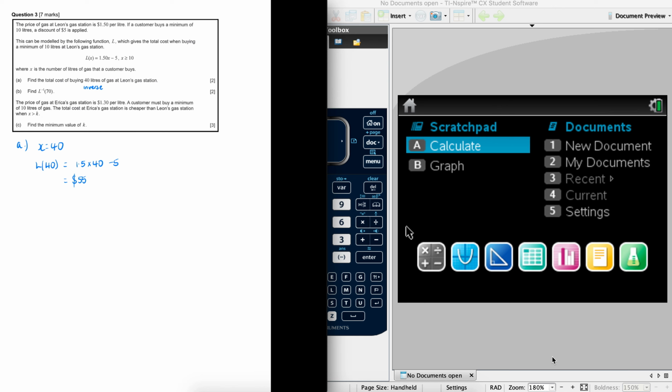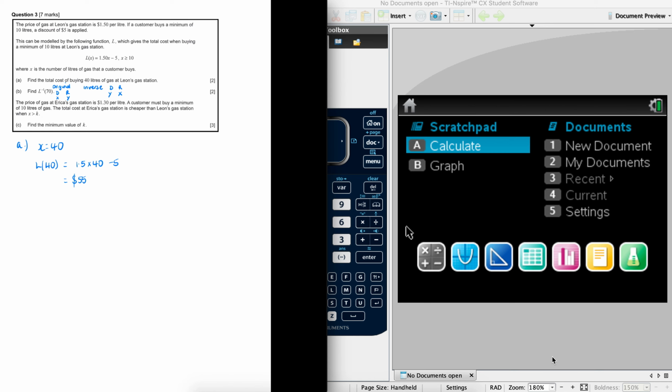If we have the original function, we have the domain, which is the x value, and the range, which is the y value. In the inverse, the domain and the range swap. Therefore, if I'm finding L minus 1 of 70, that's where I'm substituting 70 into the domain. That's the same as using the original function and making it equal to 70, because it's the opposite way around.